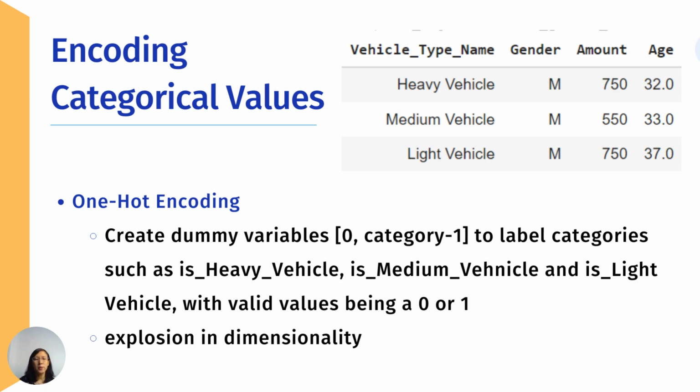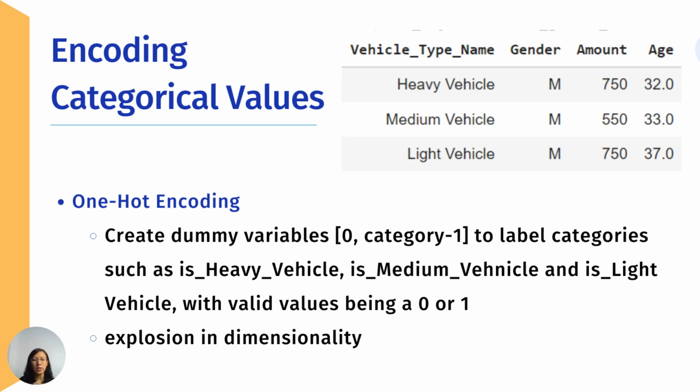For example, for the vehicle type name, you will have three new dummy variables: is heavy vehicle, is medium vehicle, and is light vehicle. For the is heavy vehicle variable, you will have the value only 0 or 1. One for the records that are under the heavy vehicle category, and the remaining will be 0. Likewise for medium vehicle and light vehicle.